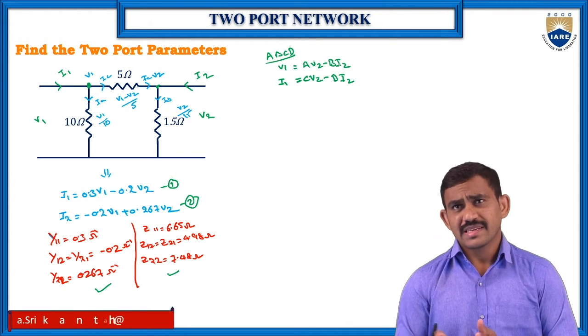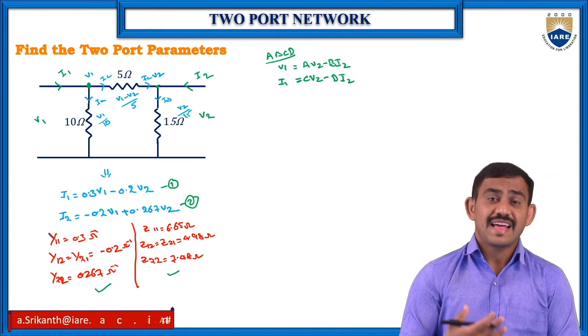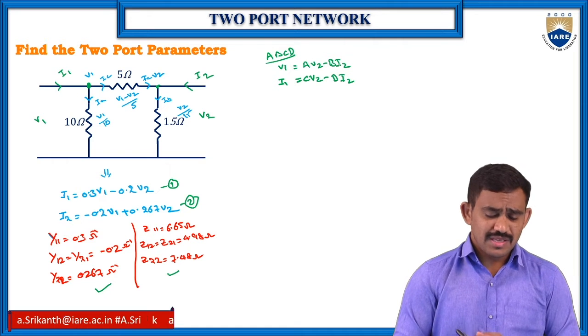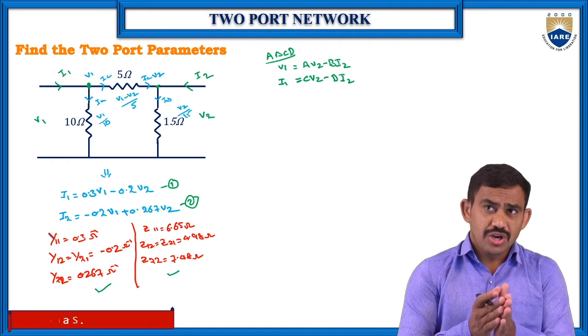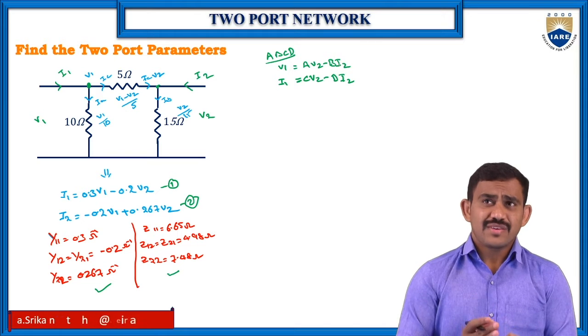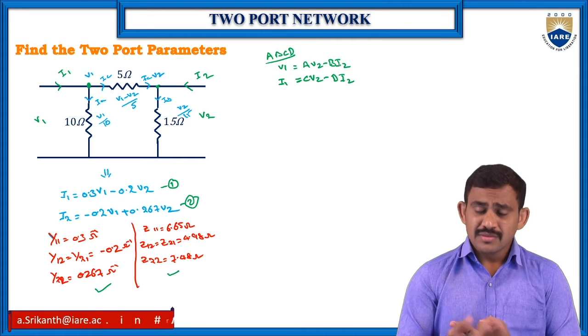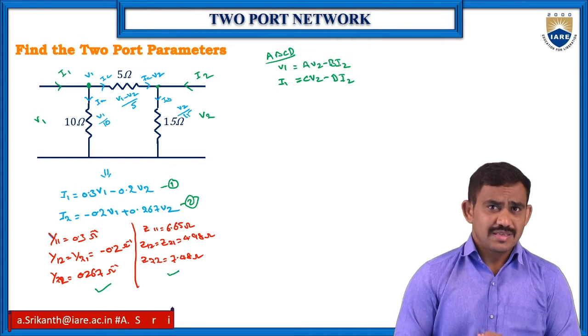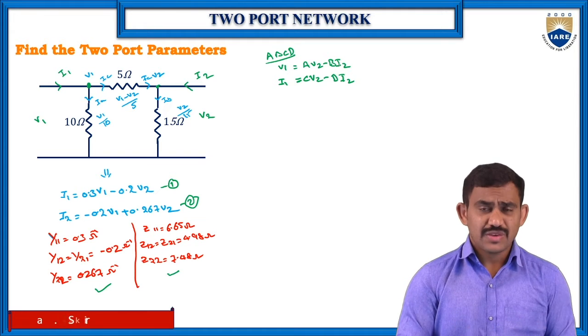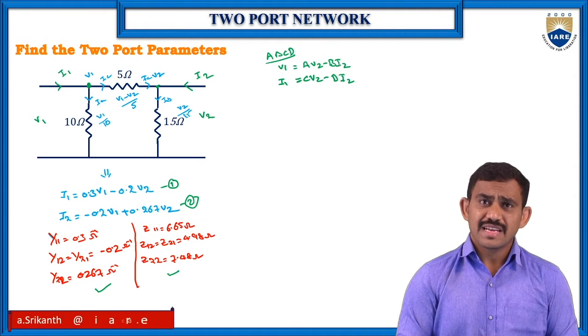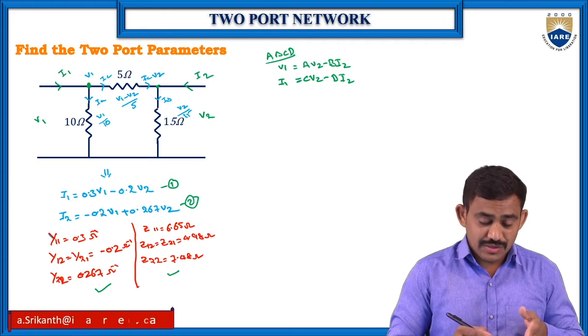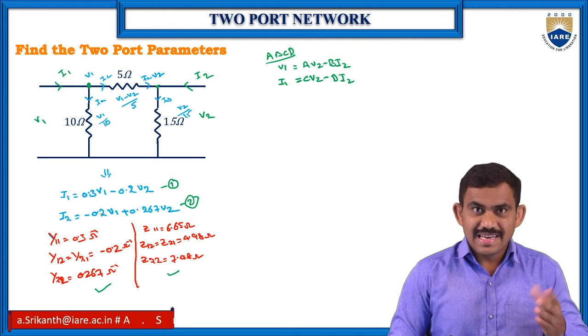If the second side is open, then find out V1, I1 as well as V2 values. Same thing when the second side is short circuit, then find out V1, I1 as well as I2 values and get those ABCD parameters. Otherwise, write from equation. If you observe equation number 2, you can get the answer.